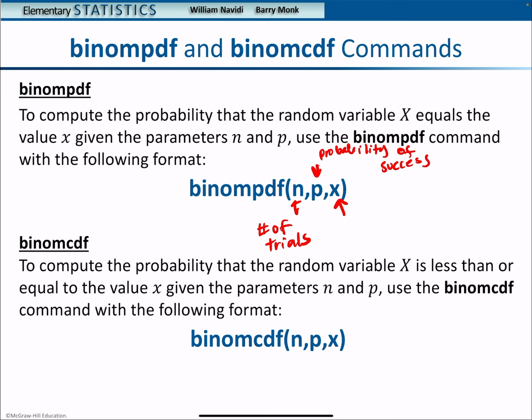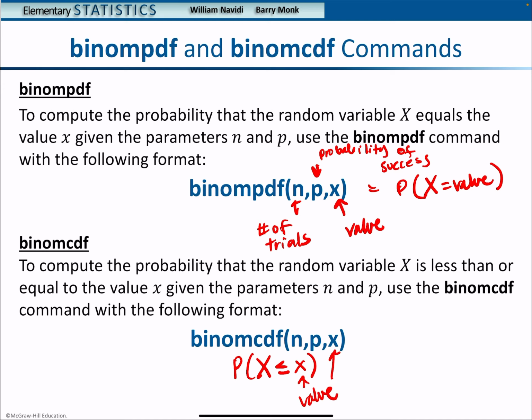And this is whatever the number you're trying to find, the exact value. This is to find P of X equals some value. Now if you want to do CDF, it's the same thing, same n, p, x meaning the same thing, except that now you're doing less than or equal to little x, or value.